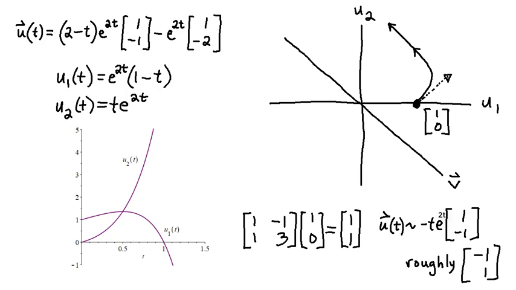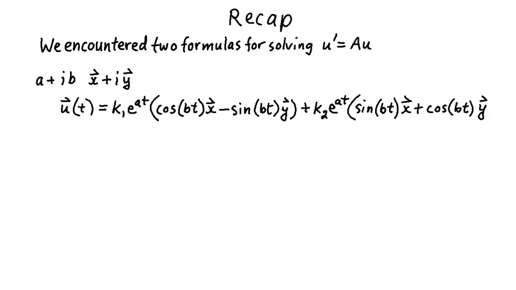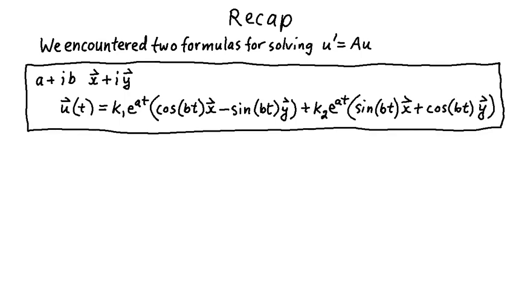Let's now start to wrap things up with a recap. In this video, we encountered two formulas for solving linear homogeneous systems of differential equations. The first formula was built under the assumption that the matrix involved in the system of differential equations had a complex conjugate pair of eigenvalues.